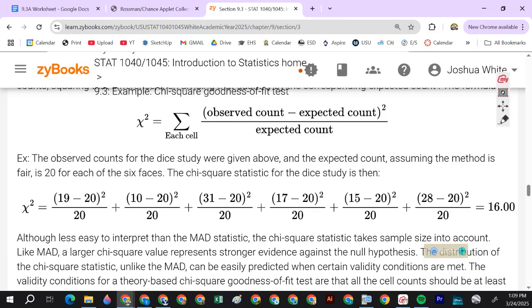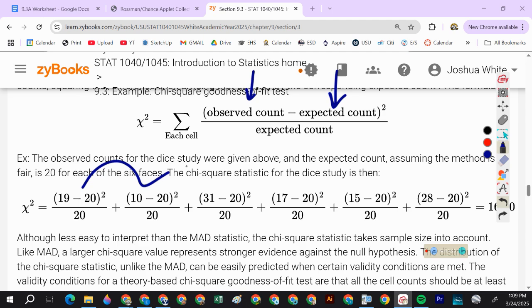The formula says, take how many you had minus how many you expected, find the difference, and just so I could make it easier in my head, I always put the big one first. Square that and divide it by the expected, and then line that up for every category.